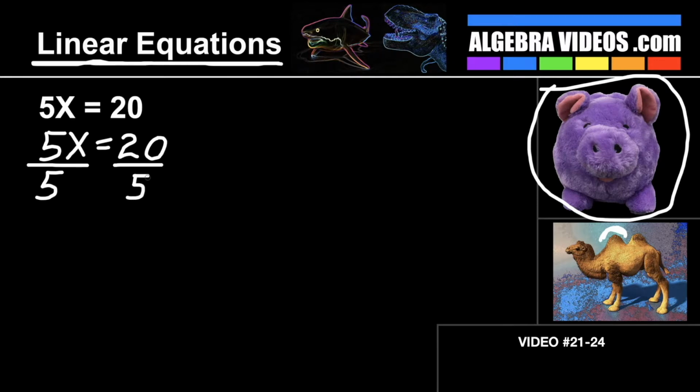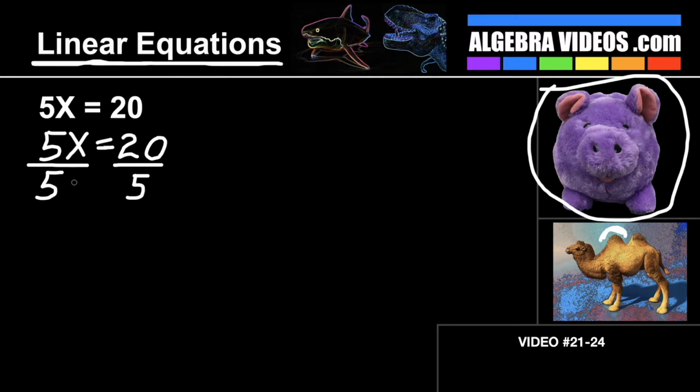It's just a thing in math. If you have something that equals something else, if you do the same thing to both sides, whether it's add something, multiply something, divide something, subtract something, as long as you do the same thing to both sides, then it will be true. The two sides will be equal, which is what an equation means.